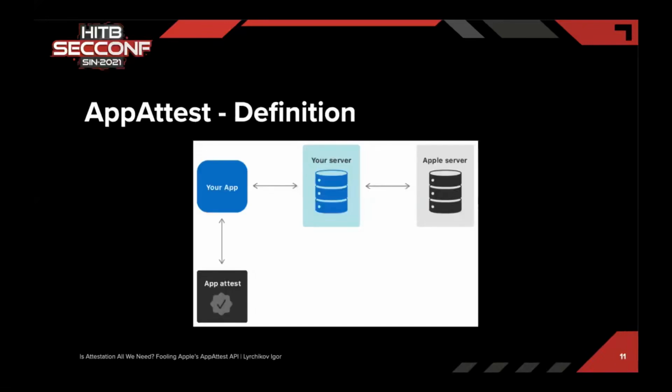As I said, AppAttest is a relatively new technology. And first of all, we need to make an intro to this problem. On the screenshot, you can see the default image of interactions between the application on the client side and the backend on the right side.